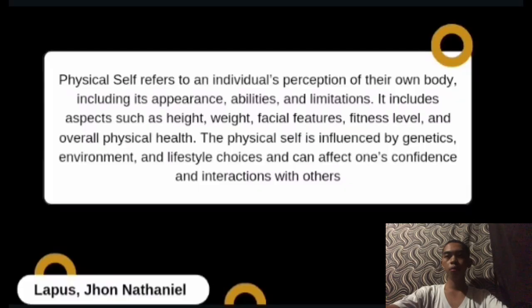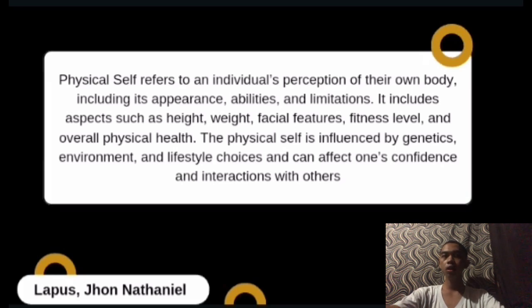Good evening everyone, my name is Jonathan Yalapos, representative of Group 1, and my topic talks about the physical self. The physical self refers to an individual's perceptions of their own body, including its appearance, abilities, and limitations. It includes aspects such as height, weight, facial features, fitness level, and overall physical health.